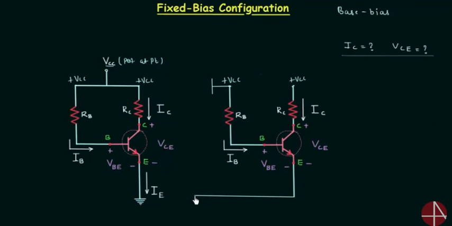I will complete the input circuit first. Ground is the negative terminal, and now VCC is represented as a potential difference.